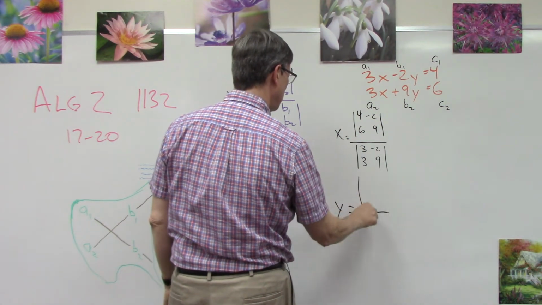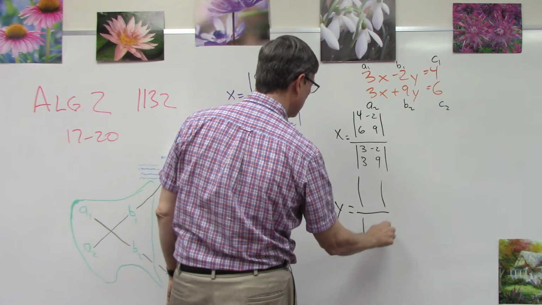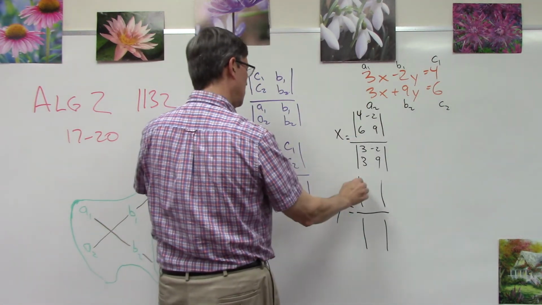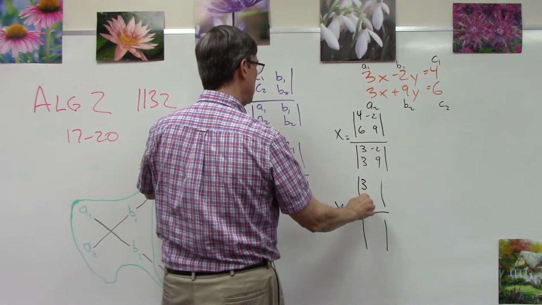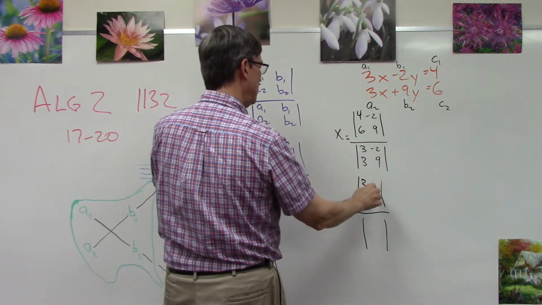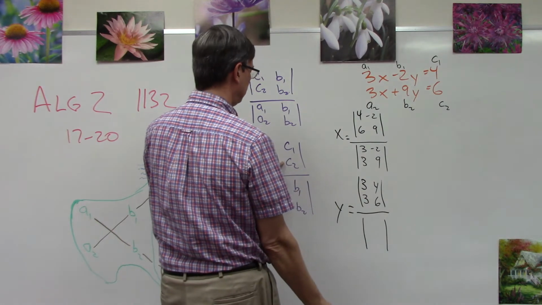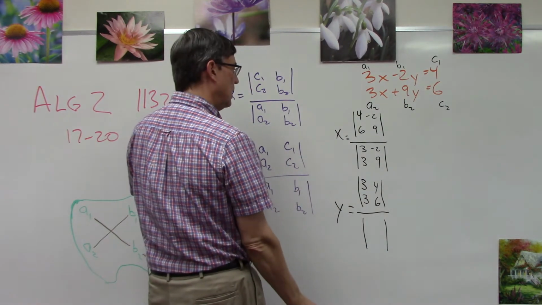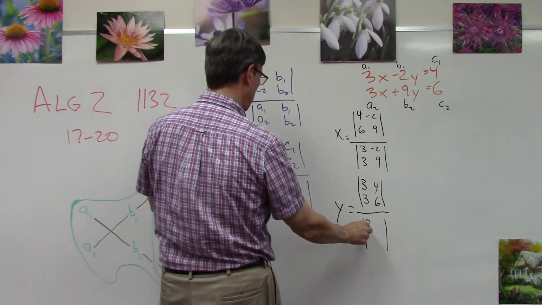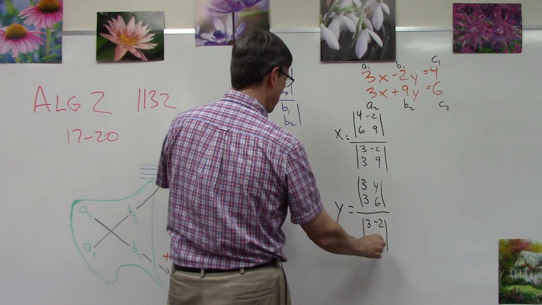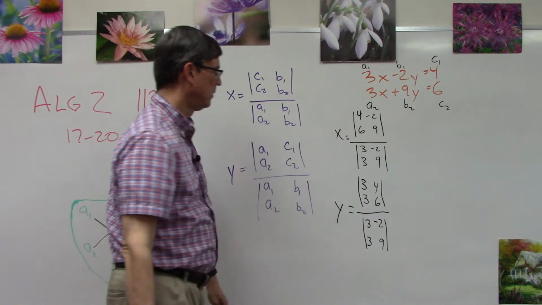All right, so we have a determinant on the top. The bottom, for this one, we're going to do A1, A2, C1 is 4, C2 is 6. A1, A2, B1, B2.